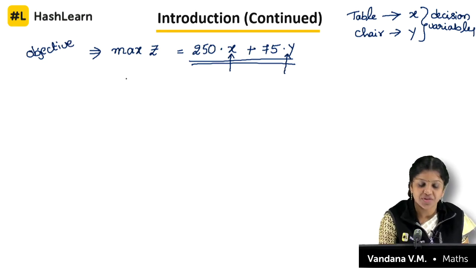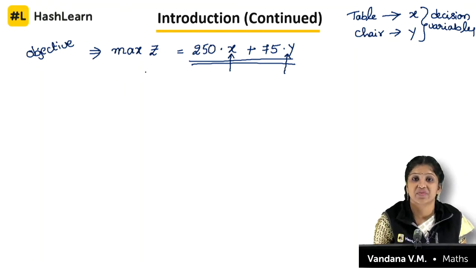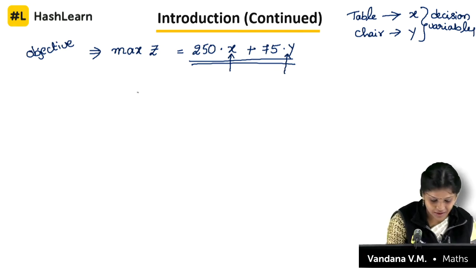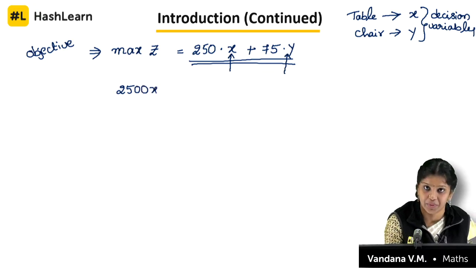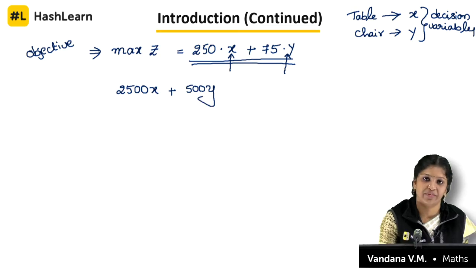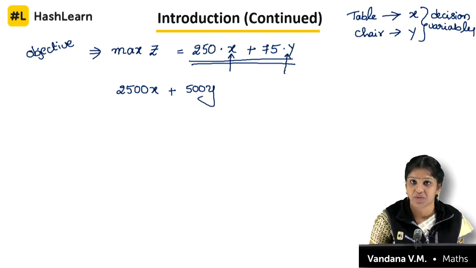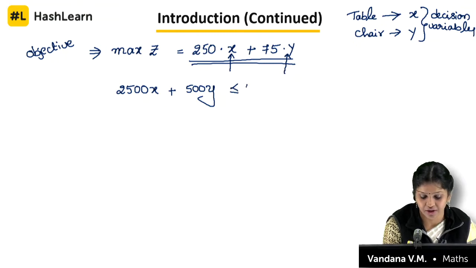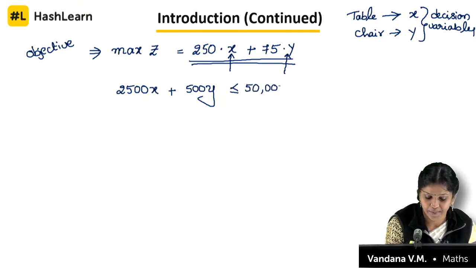Next, there are some constraints. Constraints means conditions. What is my first condition? I cannot invest more than 50,000. So the cost of one table is 2,500 into x plus 500 into y, however many you want to purchase, but the total cost should be less than or equal to 50,000.